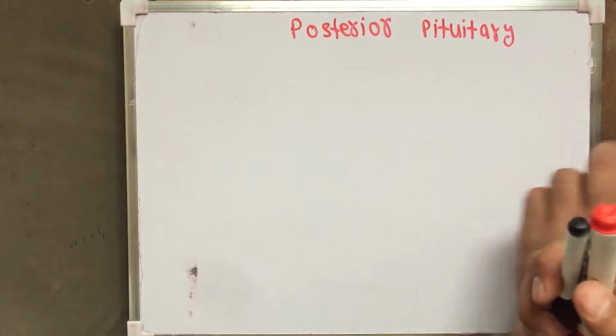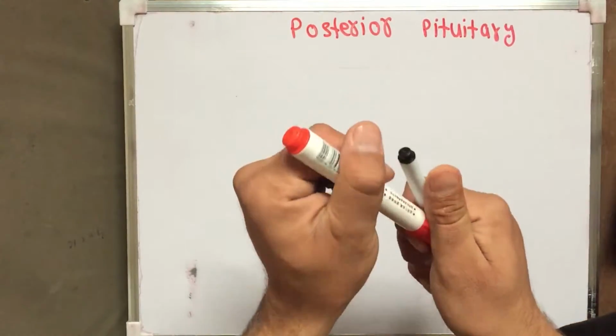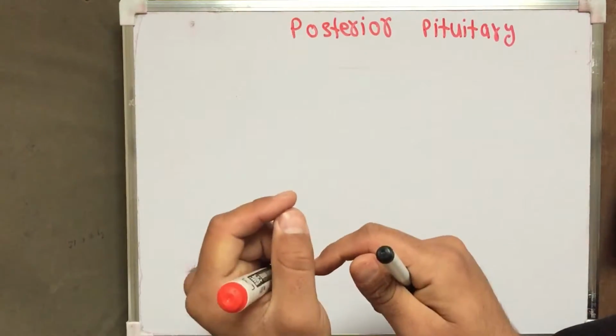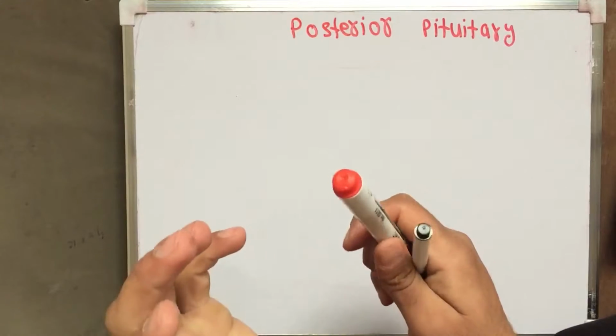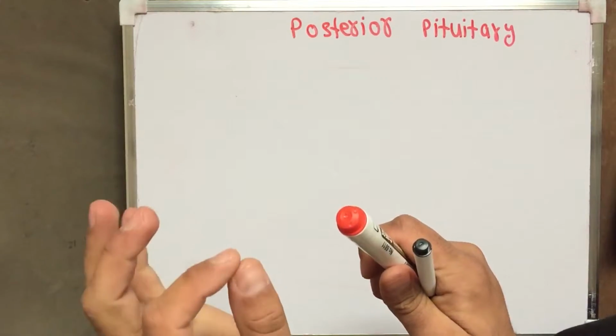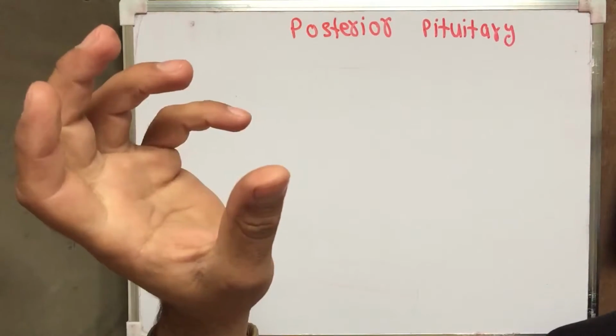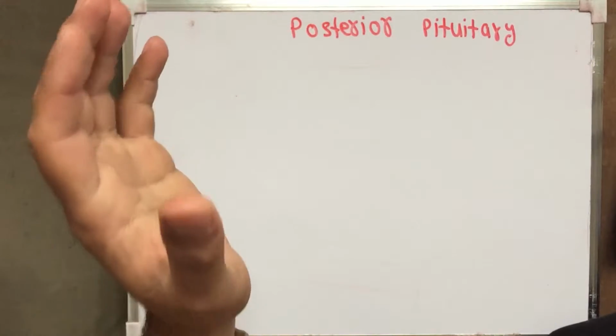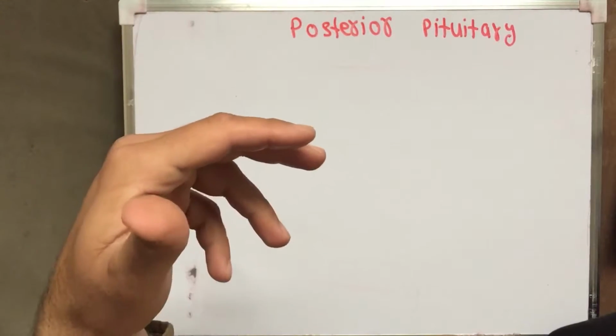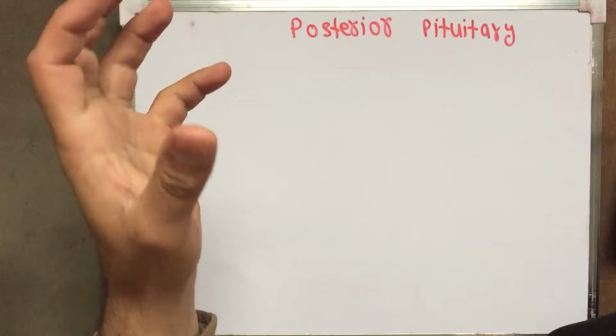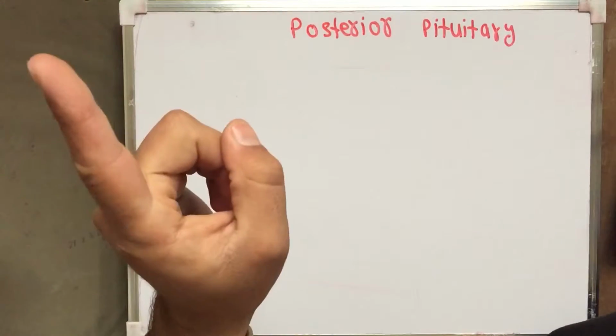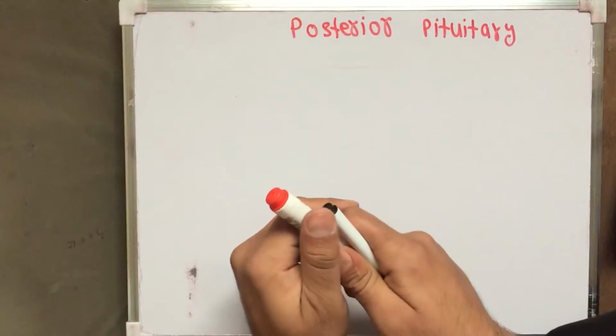Now, antidiuretic hormone and oxytocin both have 9 amino acids, and out of these 9 amino acids, 6 amino acids are the same. So structurally most of these hormones are the same, but functionally they are totally different hormones.